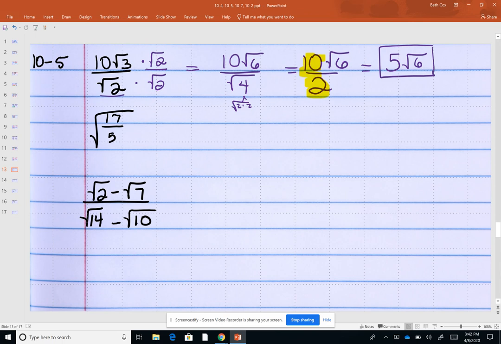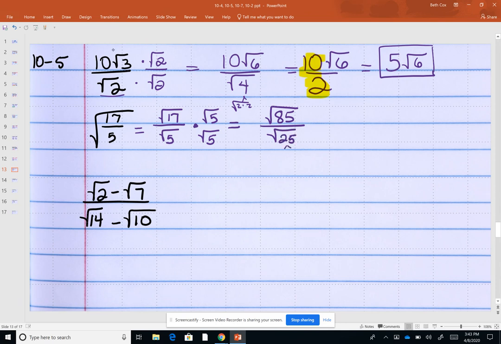All right, this next one, let's look at it. We've got a fraction in a radical, so let's break it into the square root of 17 over the square root of 5. And so then I'm going to multiply both the numerator and the denominator by the square root of 5. Now, what is 17 times 5? I think that is 85. And then this would be 25.